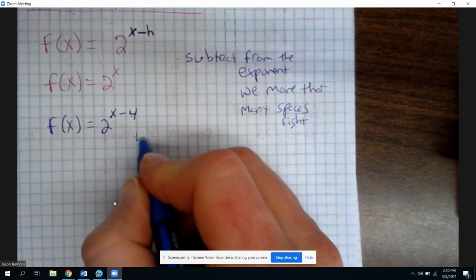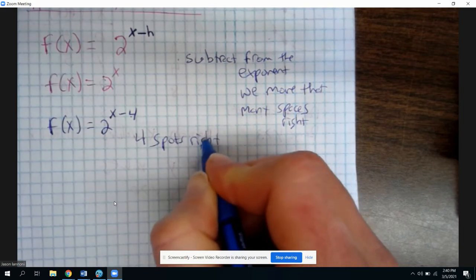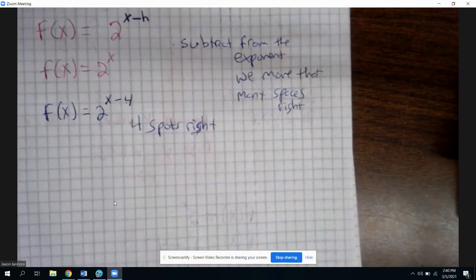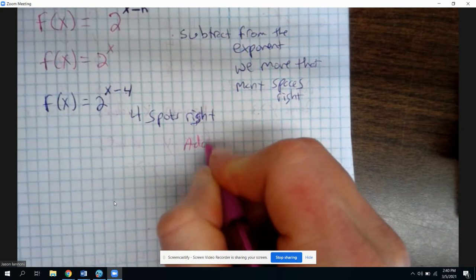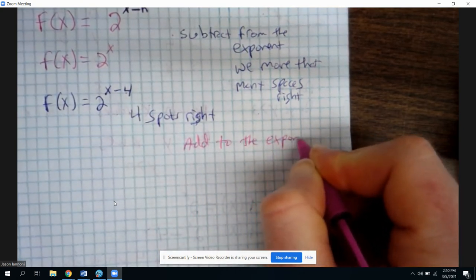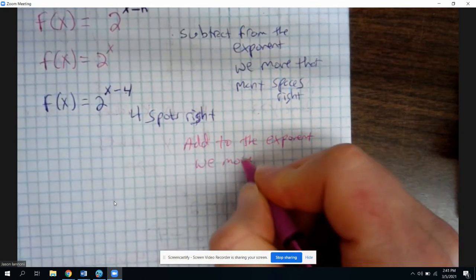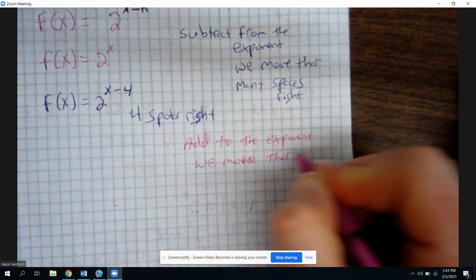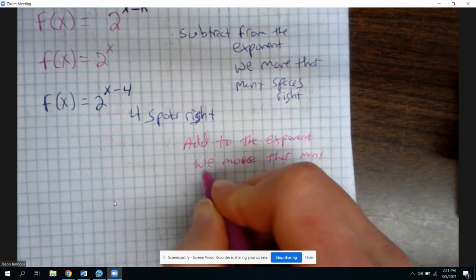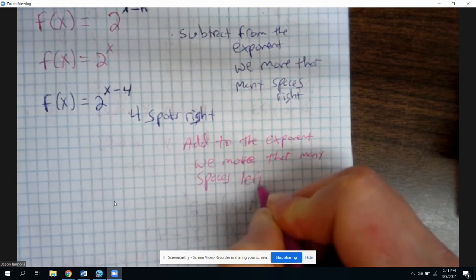So this meant 4 spots right. Conversely, when we add to the exponent, we move that many spaces left.